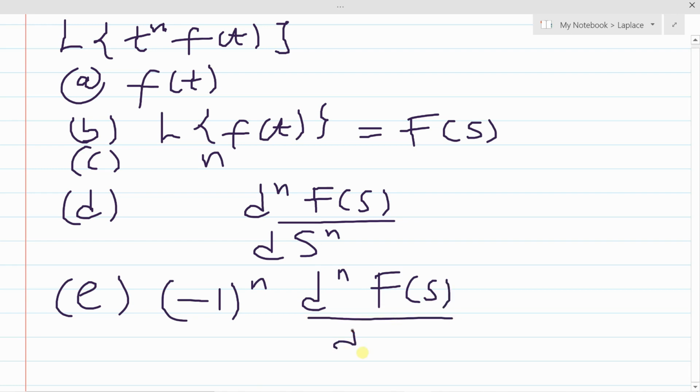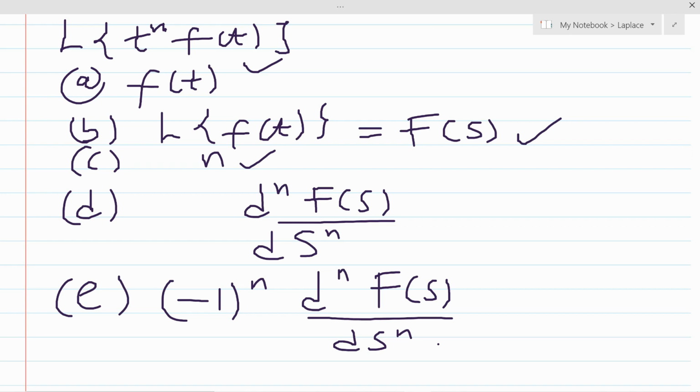So first, make sure that you identify your f of t. Then after that, find Laplace of f of t, then know the power of t in this question. So t to the power n can be t to the power 2, 3, 4, whatever you want.